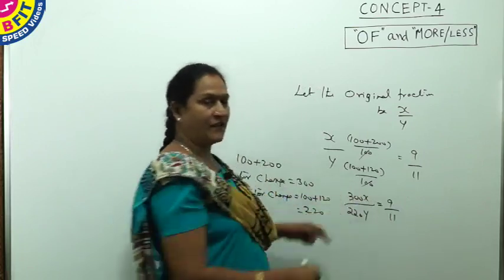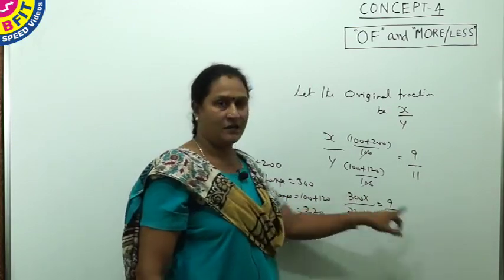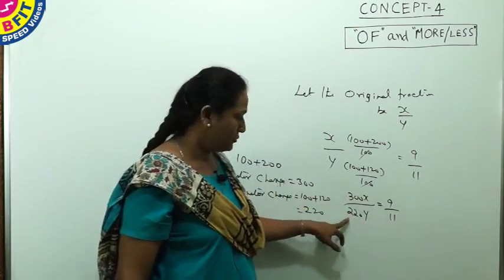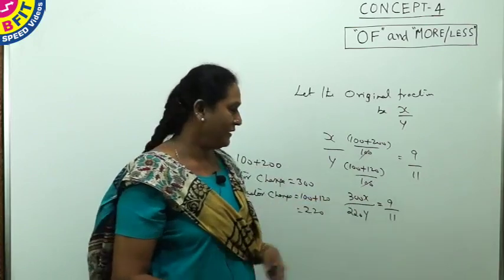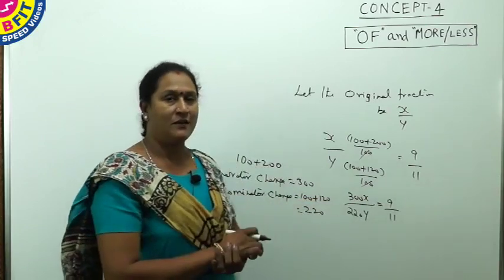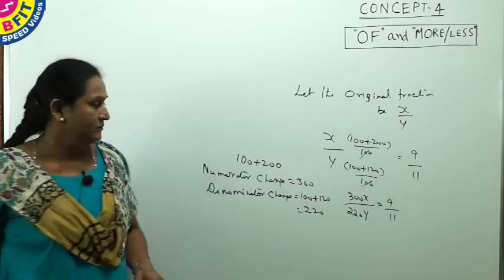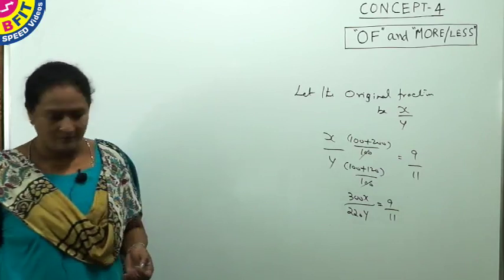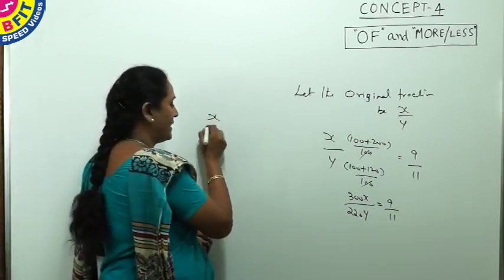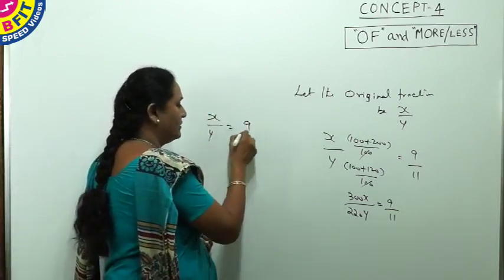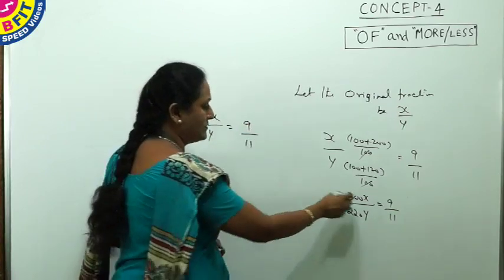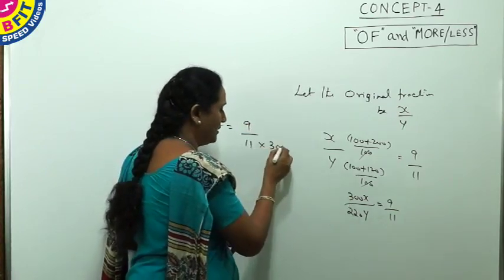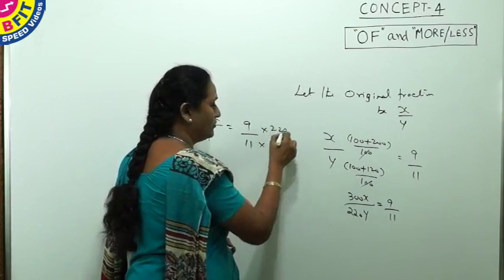So to get the fraction x by y, sending this 300 to the denominator and this 220 to the numerator and simplifying, the original fraction x by y is got. So the original fraction x by y equals 9 by 11, with this 300 sent to the denominator and 220 to the numerator.